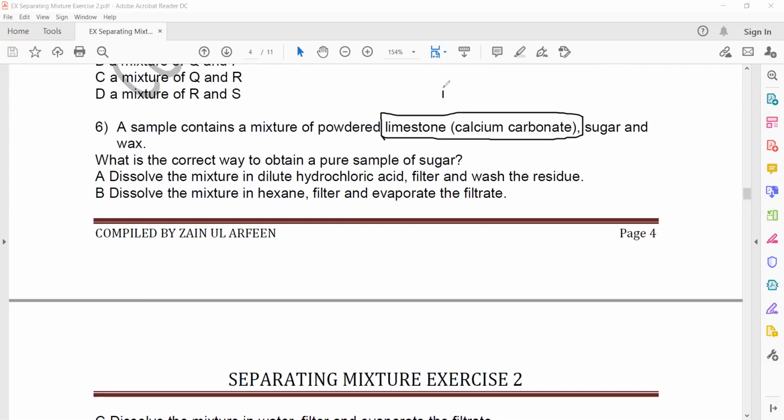So this will be insoluble, does not dissolve. Sugar will dissolve in water or soluble. And candle wax also, because wax is also insoluble or does not dissolve.